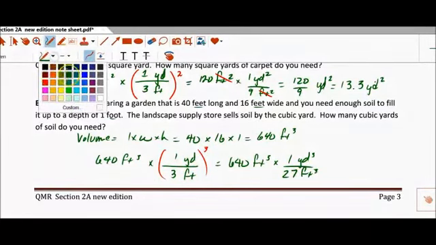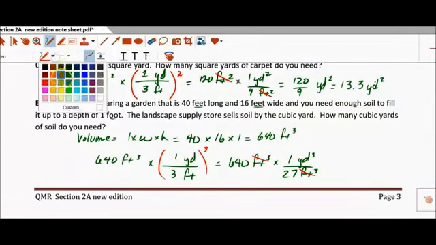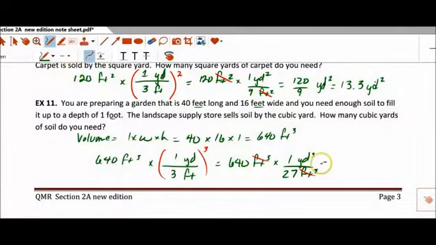Now I have units that I can cancel out, cubic feet and cubic feet. To finish this, I just need to do the arithmetic of 640 divided by 27, and that answer is going to be in cubic yards.